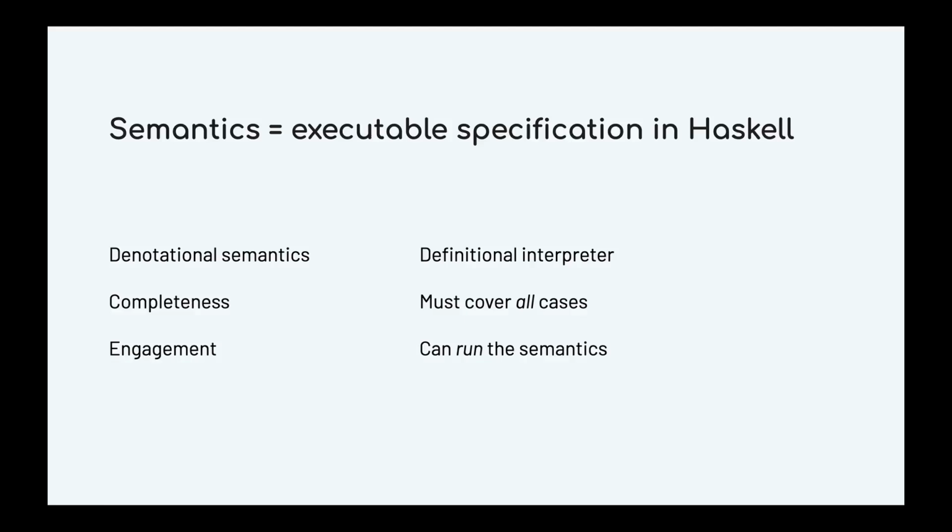And also, it really helps us to understand the semantics. When you're designing a language, you have an abstract idea about what it's going to mean, but there's nothing like having an implementation of it so you can actually run the semantics. You say, well, what would it mean if we were to add this construct?